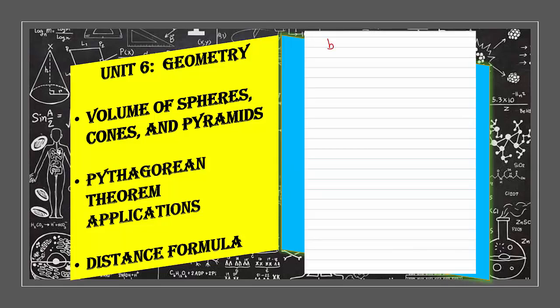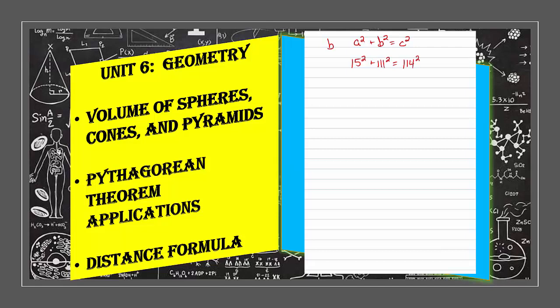B gives us 15, 111, and 114, so a squared plus b squared equals c squared. My a value will be 15, plus my b value will be 111, equals my c squared, which is 114.